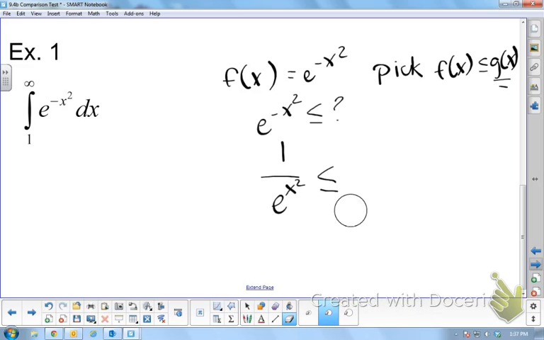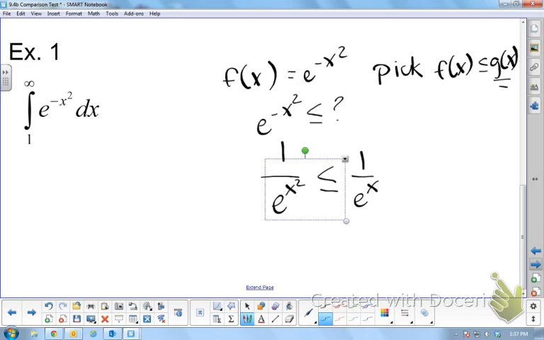So e to the negative x, let's think of it in our fraction form again. Is this bigger than this? Why? Because you're dividing by a smaller number. This one's dividing by a bigger number than this, so these are actually smaller numbers when you perform that division. So e to the negative x is the one we're going to pick.